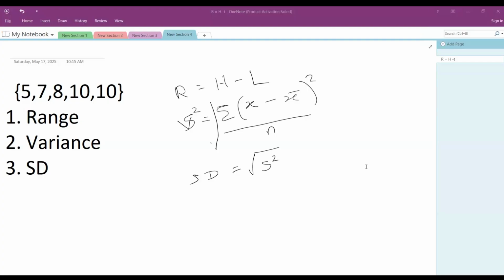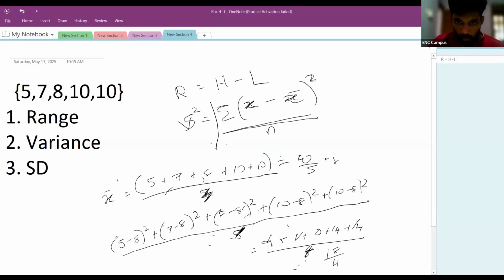And the second one, variance. Wait, sir, I'm calculating. We have 4 points. 18 divided by 4. That means 4.5.